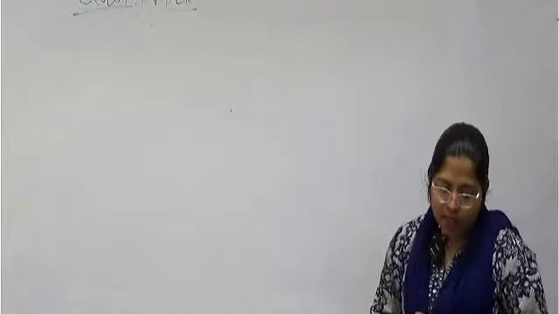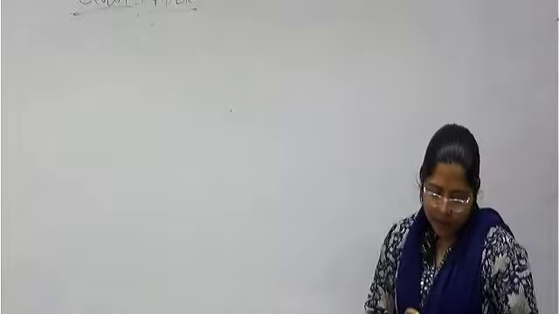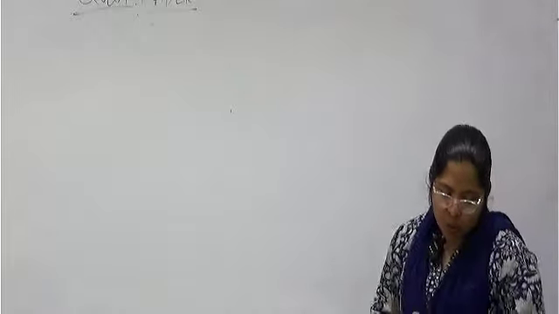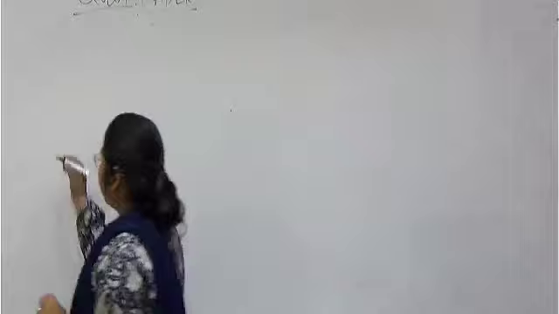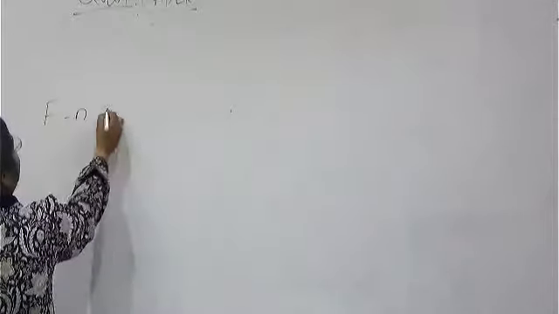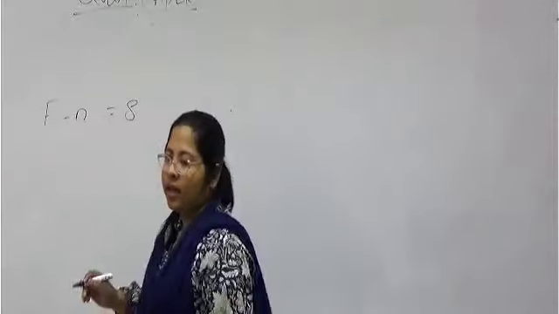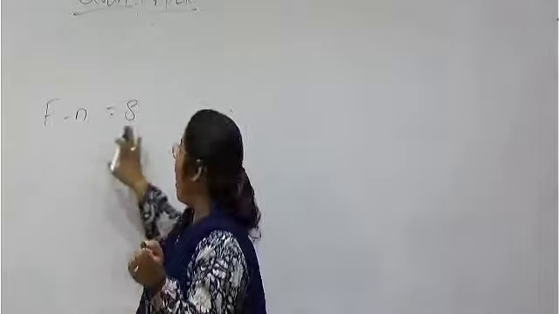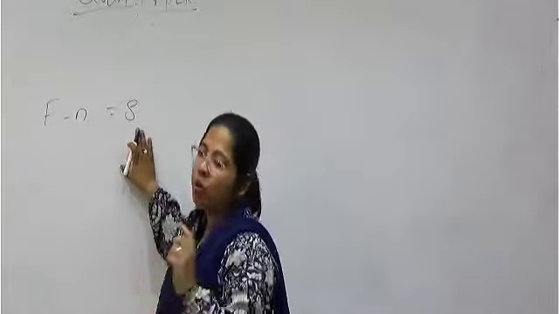A father said to his son, "Many years back, I was as old as you." Many years back. That means F minus n is equal to S. 10 years back, how old he was, it says? As old as son.